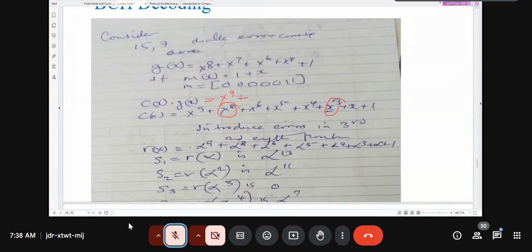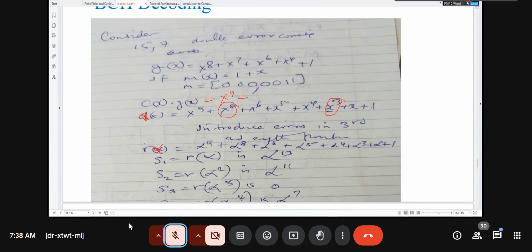I will explain this. Actually, this should be Rx. You can see this is just the same as this one. I've only just replaced R alpha here. So we have this.